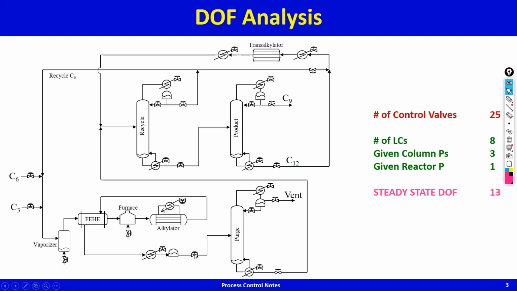And this degree of freedom is going to be used to hold the level of the flash drum. So we don't need to really worry about these two. So next we come to the purge column. What are we going to do? Well, the purge column is supposed to not let C3 down the bottoms. So 1 degree of freedom is going to be the level of C3 leaking down the bottoms.